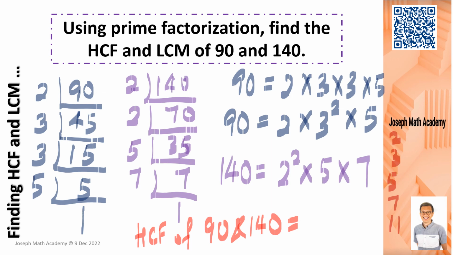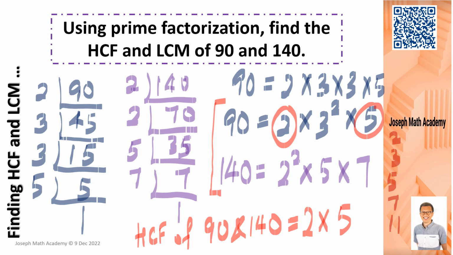We compare these two lists. 90 has one 2, and 140 has two of them, so we take 1 only. Now 140 cannot be divided by 3 because there's no 3 in its list. So we move on to the next one, which is 5. So 5 is common.